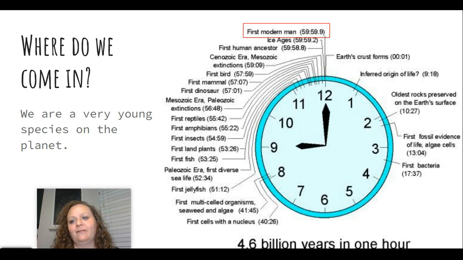And so if we're saying that at the very beginning, in the first minute, Earth's crust forms, it is not until 59 minutes, 59 seconds, and 9/10 of a second that modern humans appear on Earth. And really, for us, that's about 100,000 years ago or so that we start to see humans. So, just to give you a reference of how long life's been on the planet without us, it's quite a period of time.